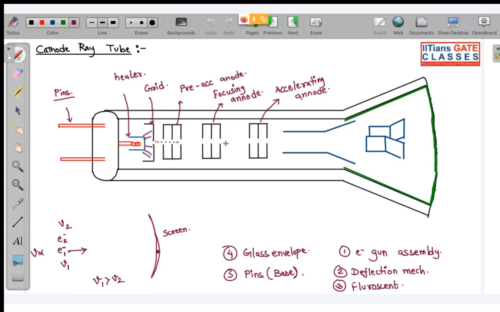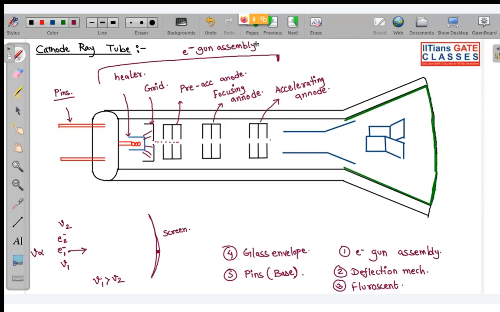This is the last anode which accelerates the electrons. After the accelerating anode, the beam passes through your deflection mechanism, and this whole part up to this point, combined, is known as the electron gun assembly.